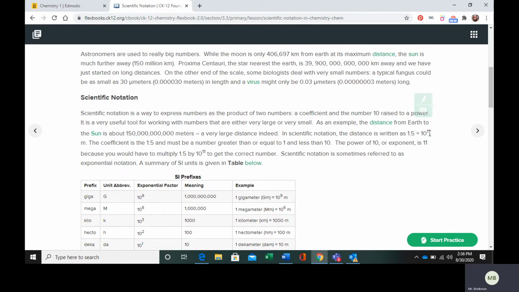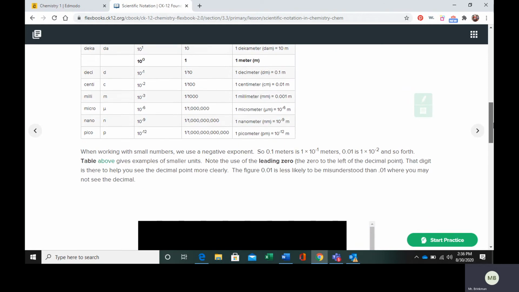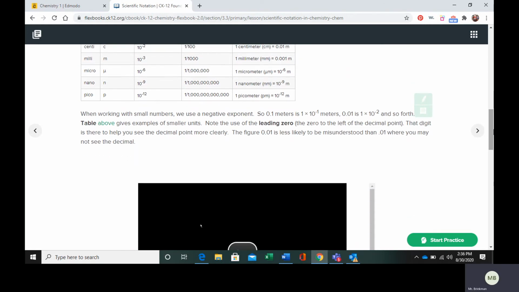Okay, so this one we move our decimal place 11 spots to the right. When it is a smaller number, we use a negative exponent because that indicates that we are moving our decimal point to the left.